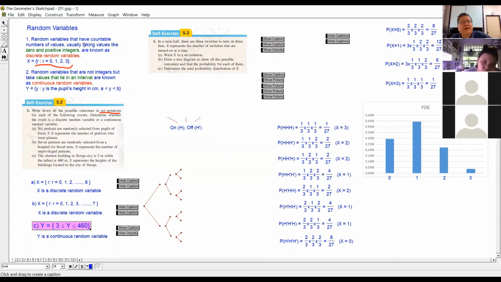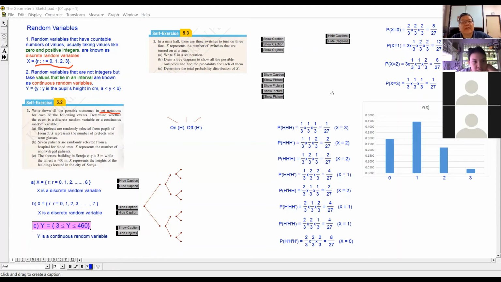After that, we're going to look at tree diagrams. You must know how to draw the tree diagram, right? Li Ying, you read question number 1. In a mini hall, there are three switches to turn on three fans. X represents the number of switches that are turned on at a time.